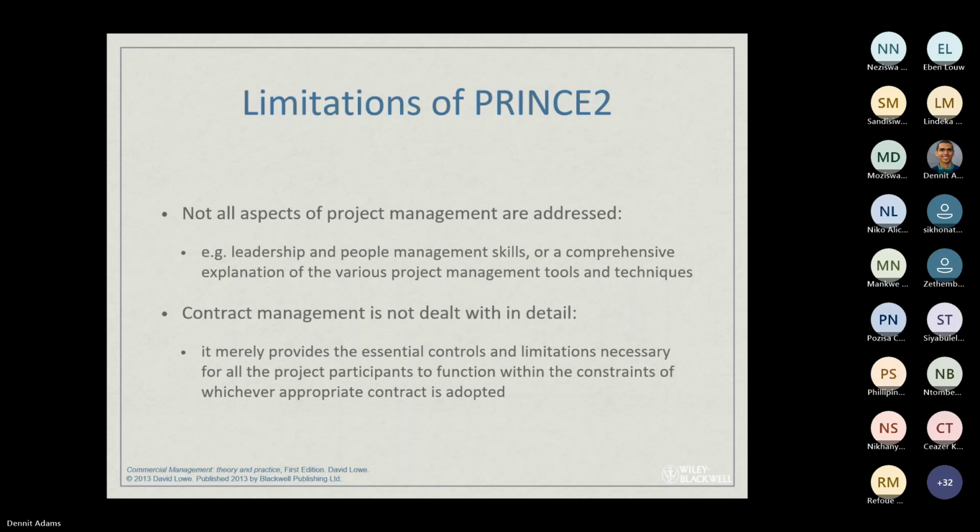It says there, all the project participants function within the constraints of whichever appropriate contract is adopted. So it almost assumes that you would have done the contract management piece, signed the contract beforehand, and you're all agreed that this is the framework.